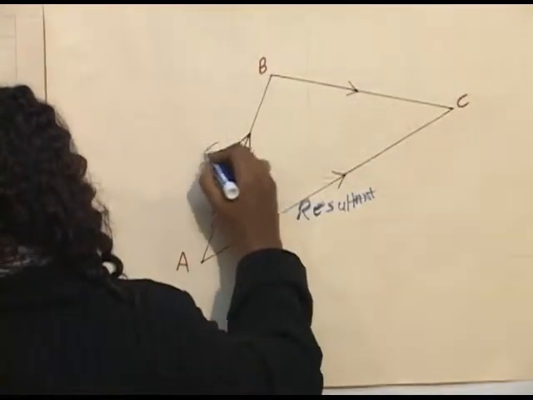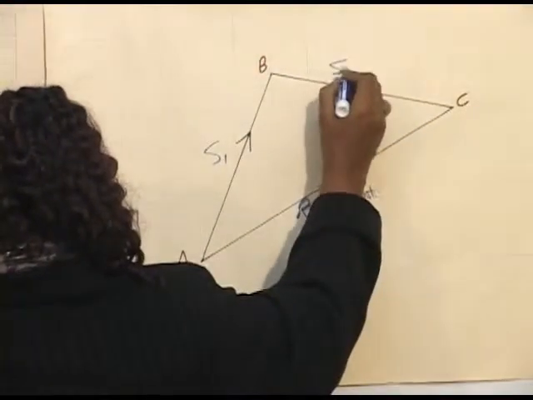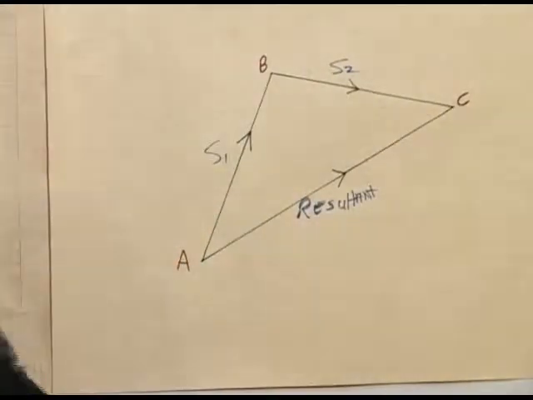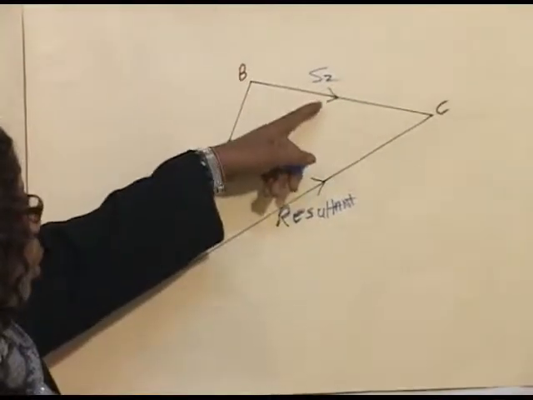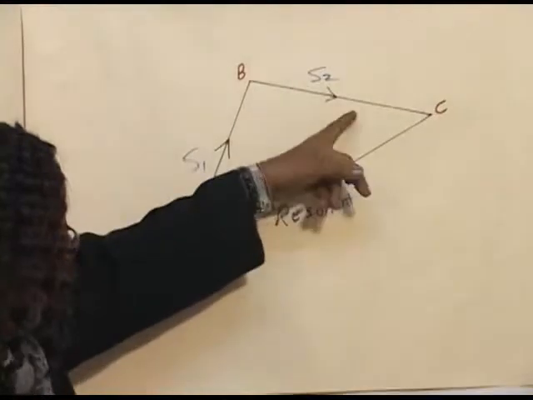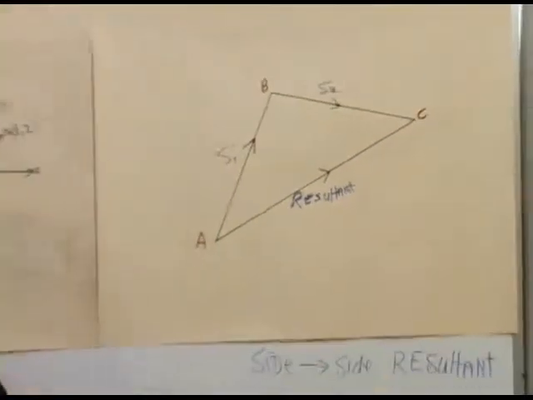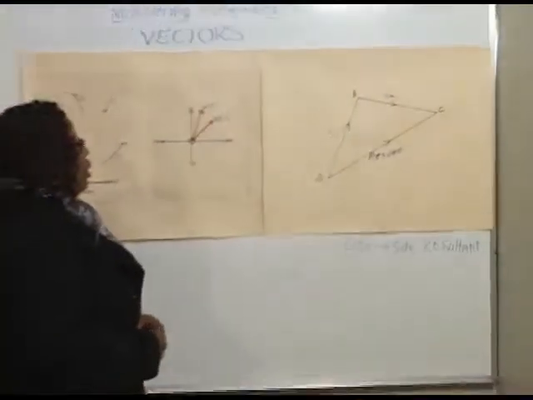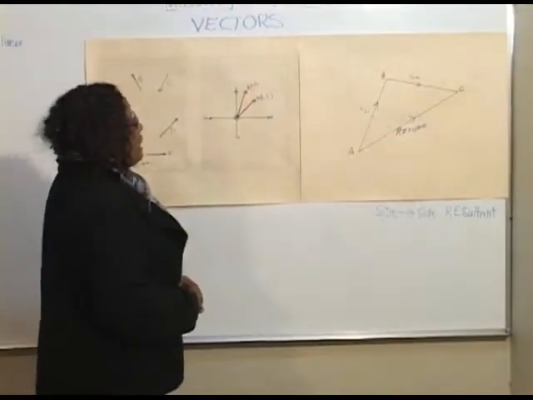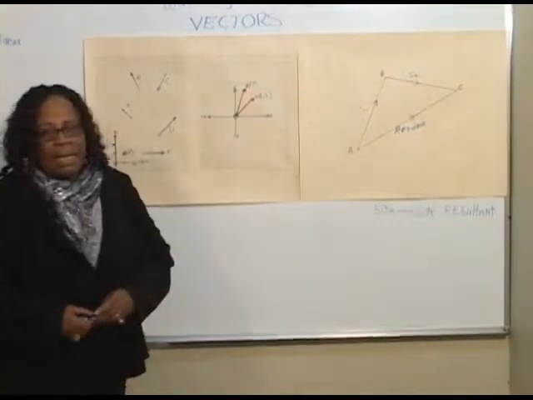And this would be a side, and that would also be a side, okay? Because they're fitting into one another, and the two points are coming back to meet each other. So AC would be the resultant, and AB and BC would be the sides.